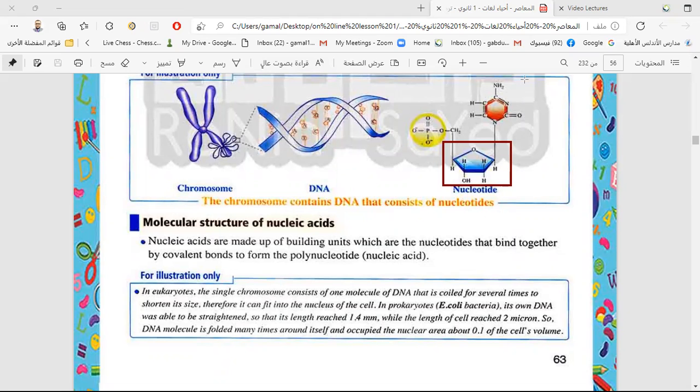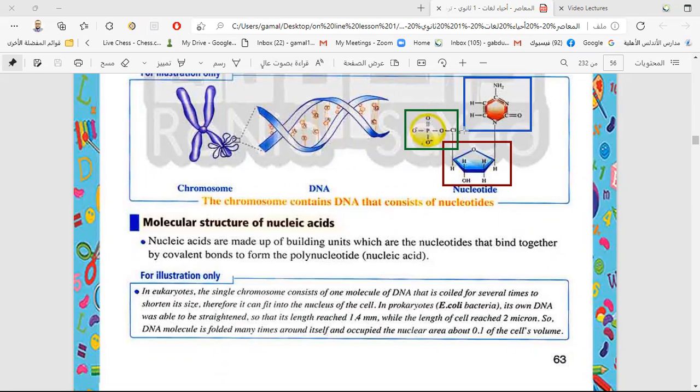The second component of the nucleotide is the phosphate group. It is joined to carbon atom number 5 in the pentose sugar. And finally, the third component is the nitrogenous base.